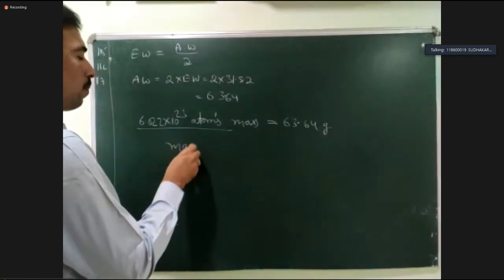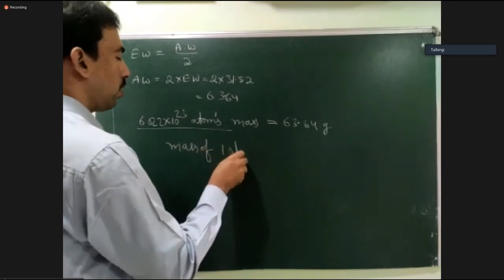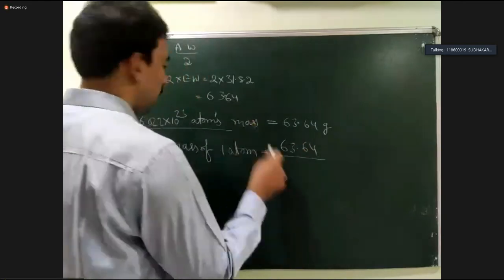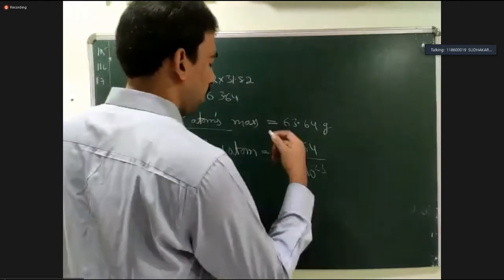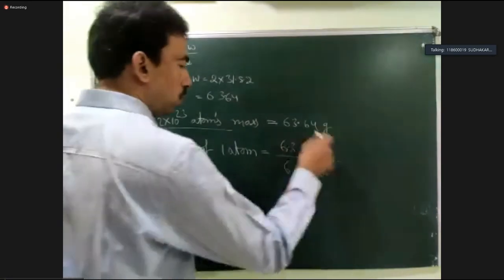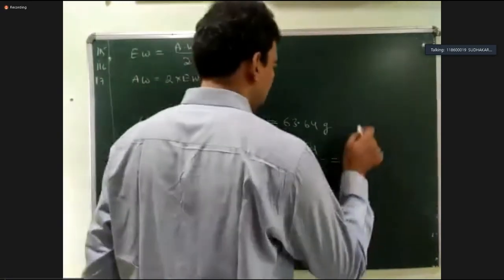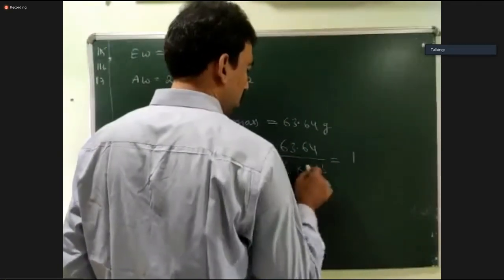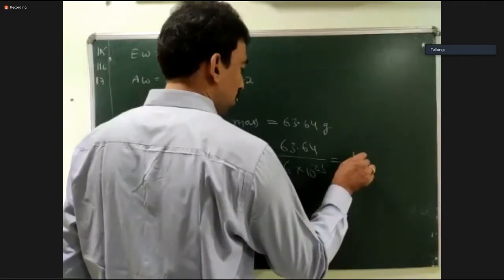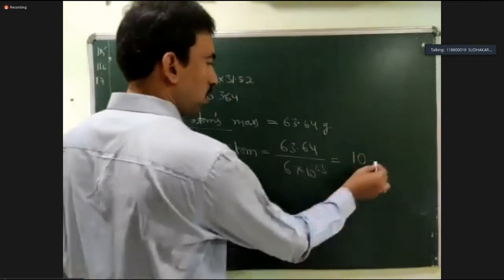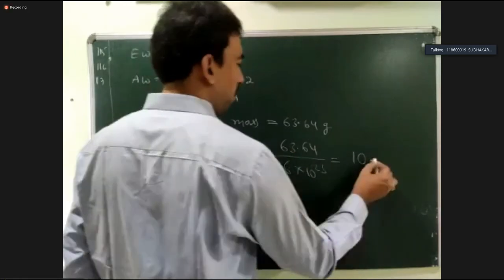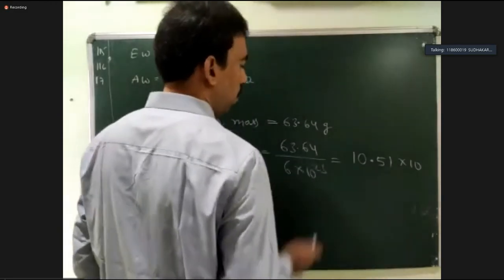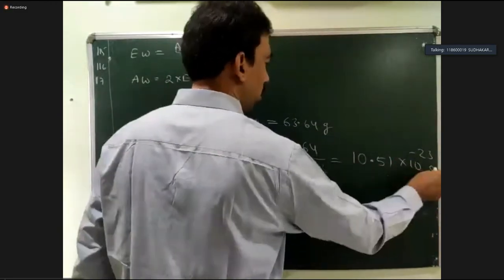Then the mass of one atom is equal to 63.64 by 6 into 10 power 23. So do this calculation, and you can take it as ... into 10 power minus 23 grams.